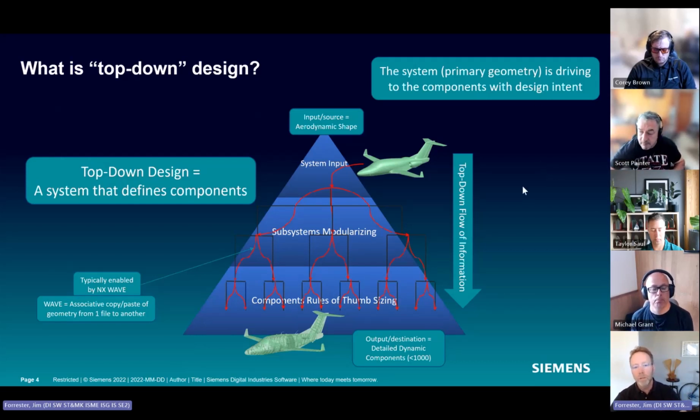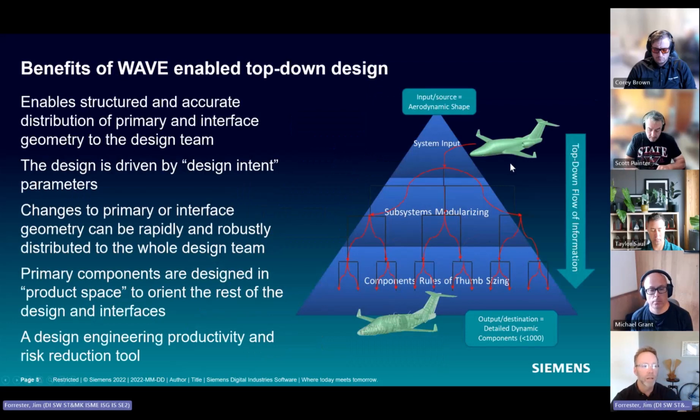Okay. So that's what top-down design is: a system that defines components. And the benefits of top-down design is it enables a structured and accurate distribution of the primary geometry down to the design team and the components below. The design is driven by design intent, not manufacturing intent.